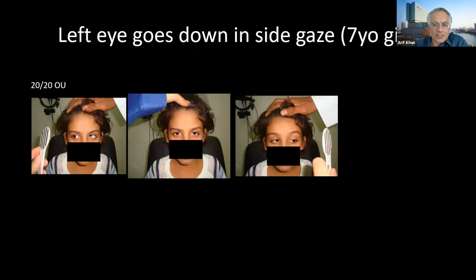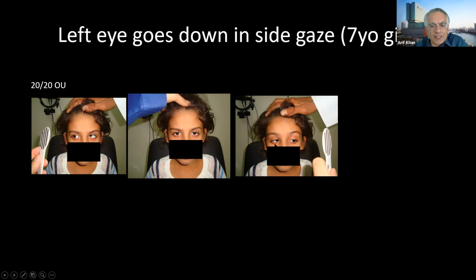Well, it's actually a very simple concept that we forget about all the time. When we're checking the versions, we assume that the eye closest to the target is the eye that's looking at the target. But sometimes the patient will look with the other eye.